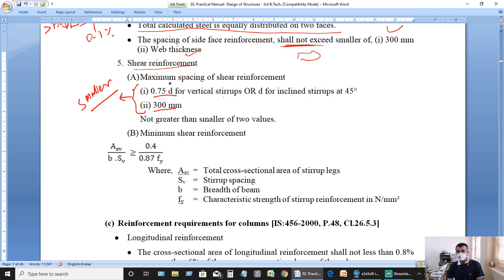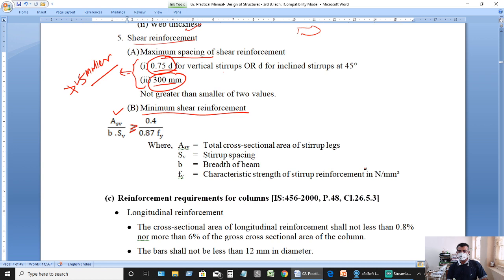You pick the smaller value of 0.75 d and 300 mm, and your spacing should not be greater than that. Then minimum shear reinforcement: Asv upon b into sv is greater than or equal to 0.4 upon 0.85 fy. Through this, you can find the minimum shear reinforcement, that is the total cross-sectional area of the stirrups.